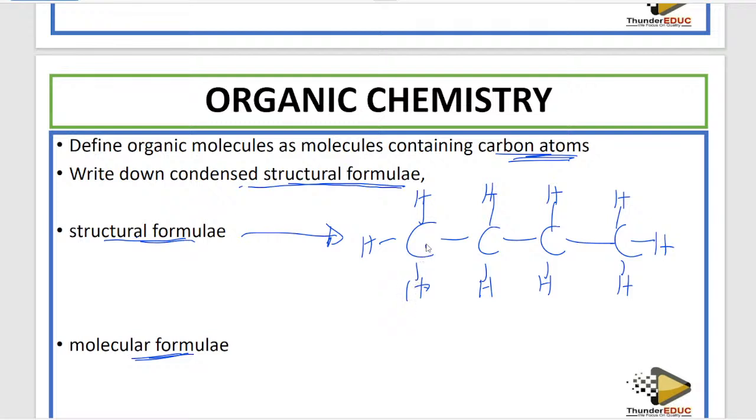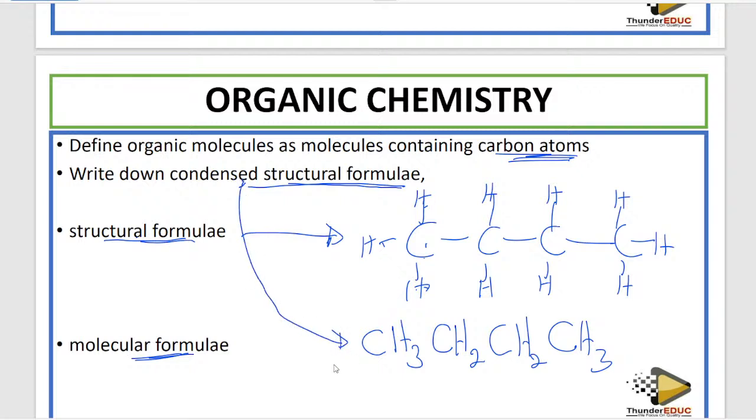For example, I go to the central carbon atom. How many are they? 1, 2, 3. I have 3 hydrogens. Then I go to this one, C, 1, 2. I have 2 of them. Then this one, CH2. Then this one, CH3. So now it becomes a condensed structure formula.